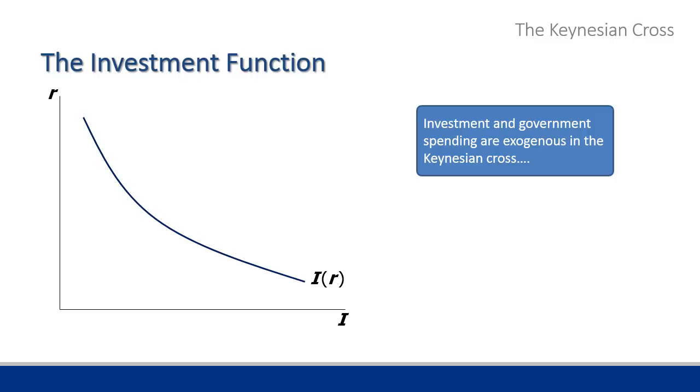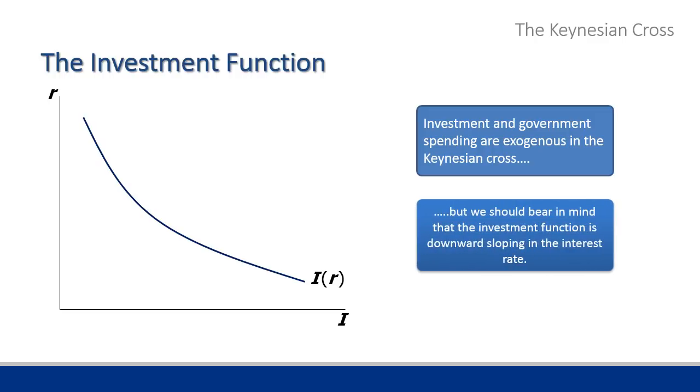That investment is downward sloping in the interest rate. So at high interest rates, there is low investment. People are less willing to borrow money to invest in goods. And at lower interest rates, borrowing becomes more attractive. Firms and households will go out to borrow more money, and investment will increase. We'll bear this in mind, but in our model, investment is still exogenous.